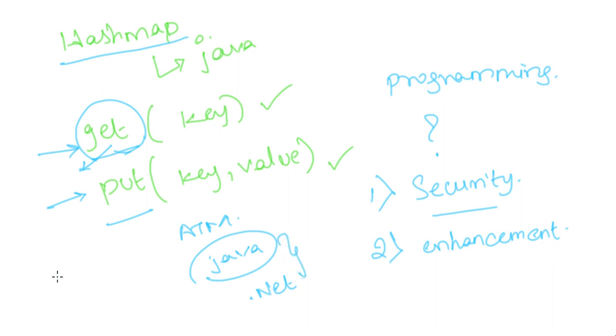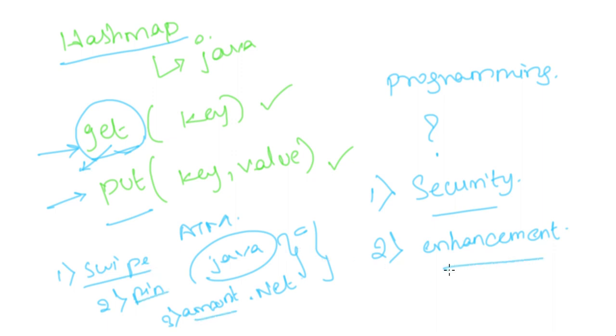But still the user only knows the three main steps: swiping the card, entering the pin and getting the amount. That's it. Even though you change something in the internal implementation, the user interface is not going to be affected. That is what enhancement is.